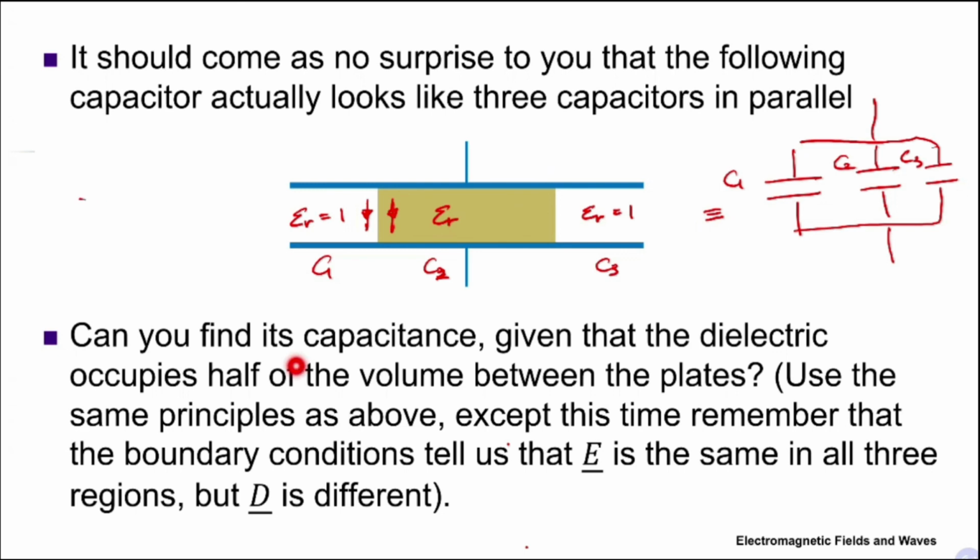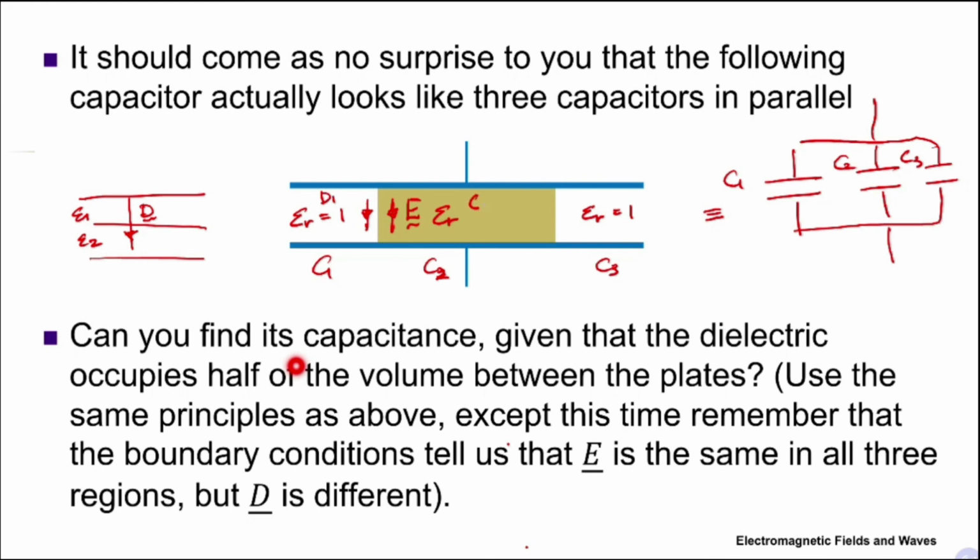Just now, we said that the electric flux density is the same. Now the field is parallel to the boundary, and in this case the electric field is the same.